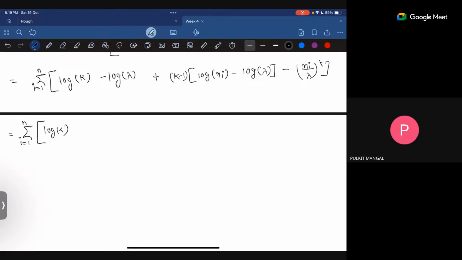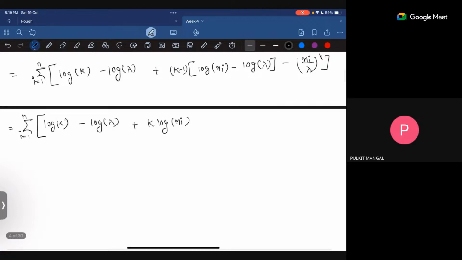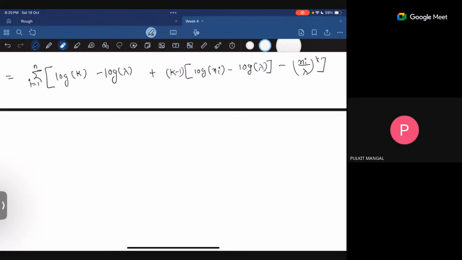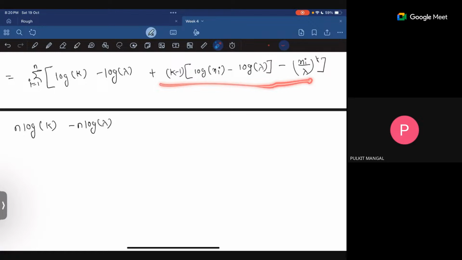Log k minus log lambda plus k log xi. See, these two terms do not have xi in them, so they will become just n log k and n log lambda, and the summation part would only apply here.